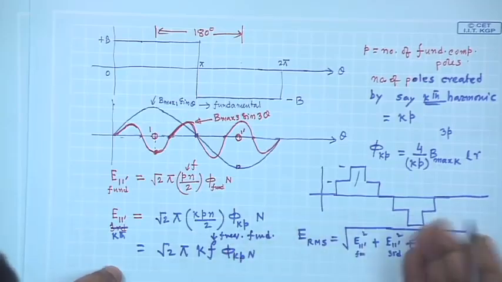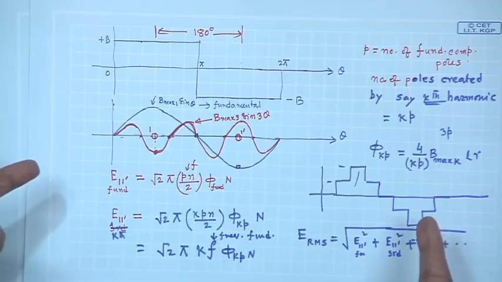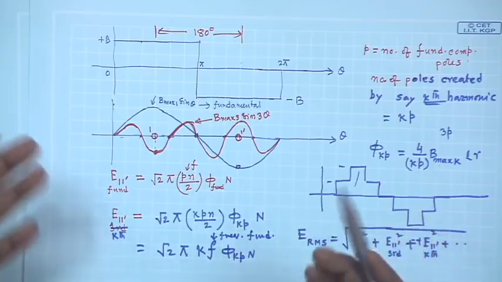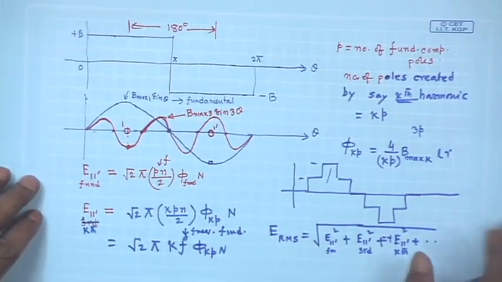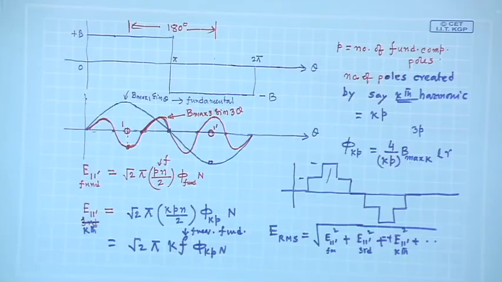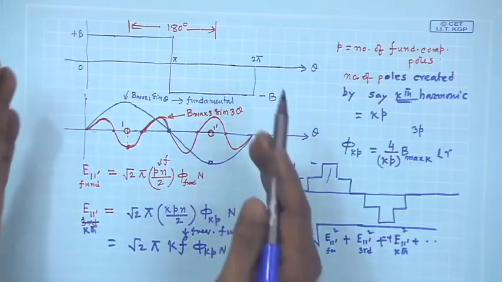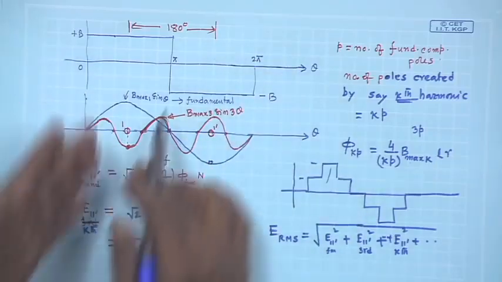What is phi K p? Phi K p is, we know, 4 by P B max into L r. For the original machine of P poles, for the kth harmonic the number of poles has increased, it has become K p poles, because over the same degree of mechanical separation so many poles are present.